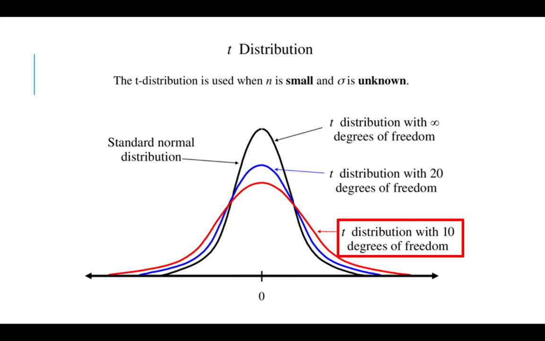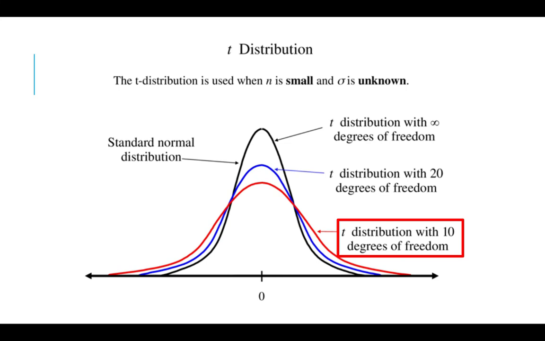And as we get to an even smaller number of degrees of freedom, which means our n has shrunk, we have an even shorter and wider distribution. So you see that there's not just one simple t-distribution. It's a function of degrees of freedom. That's important to understand.